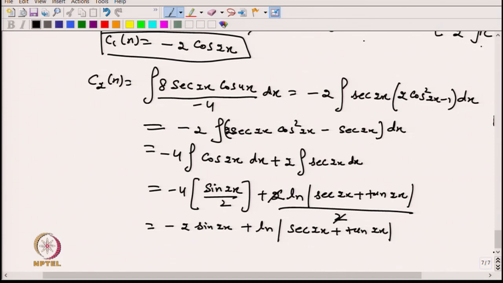So, once I know the value of c1 and c2, then I can write my general solution.